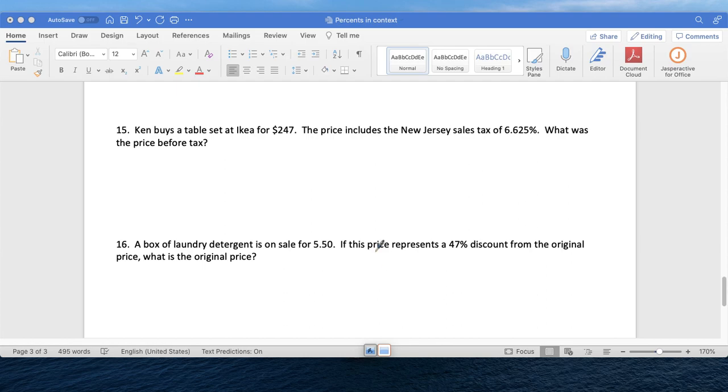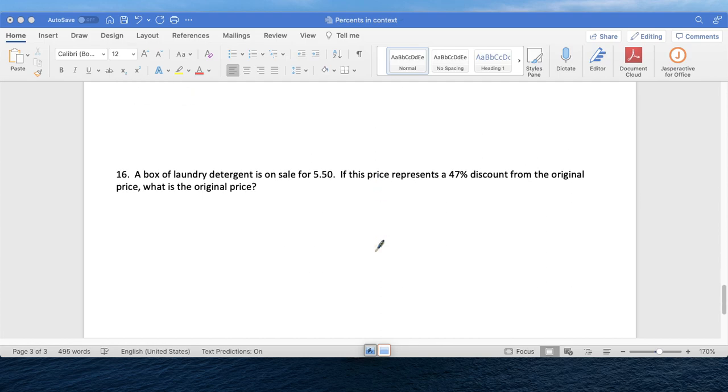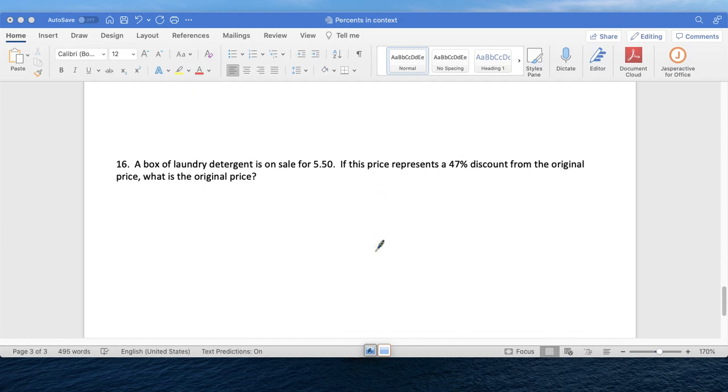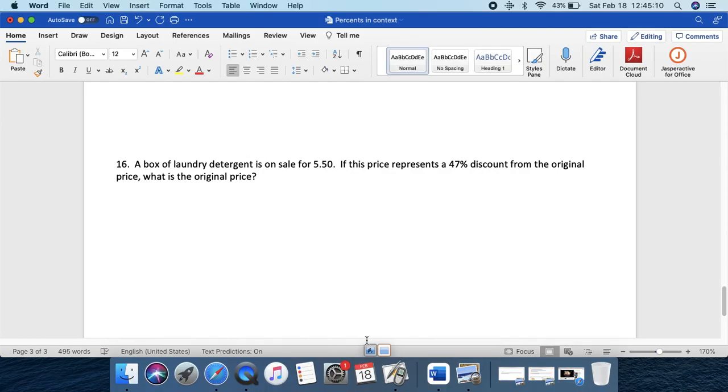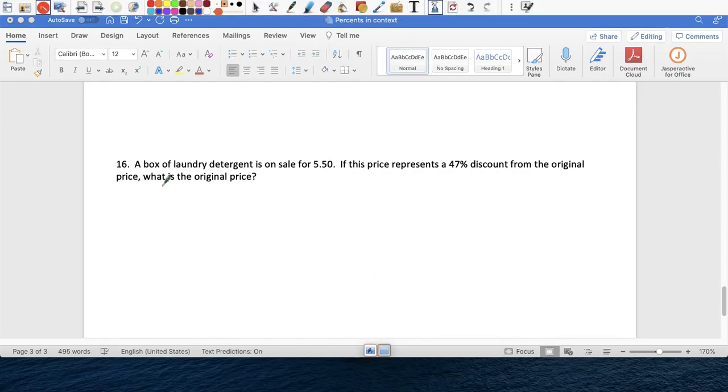All right. Percent of change. We haven't talked about that. So laundry detergent is on sale for $5.50. This represents a 47% discount from the original. So maybe you want to figure this out.